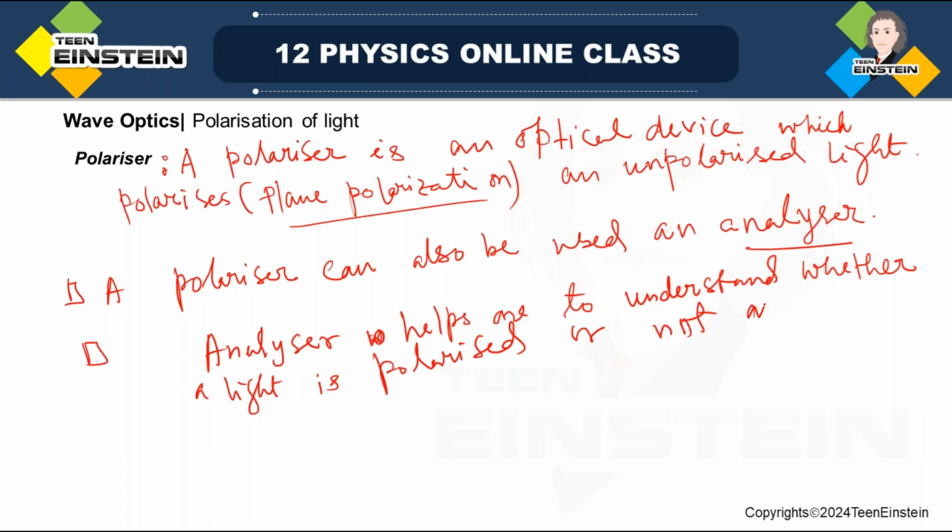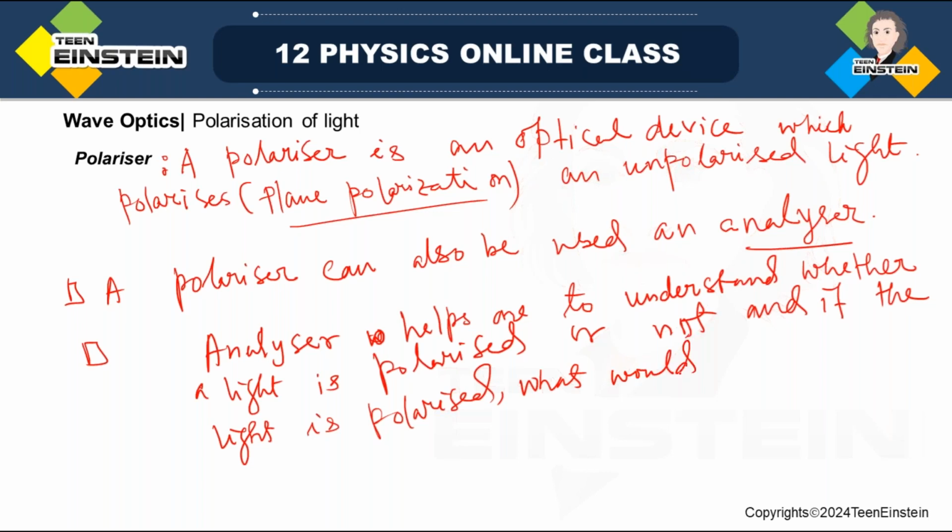And if the light is polarized, what would the nature of the polarization be?